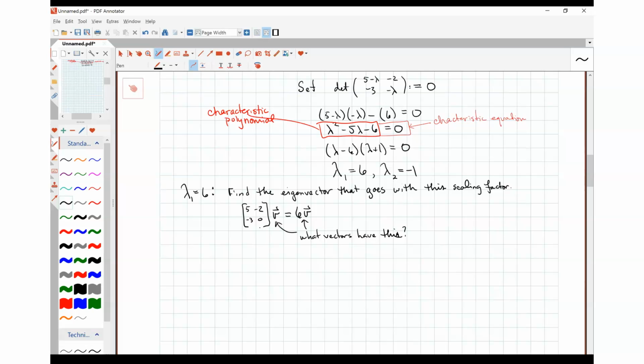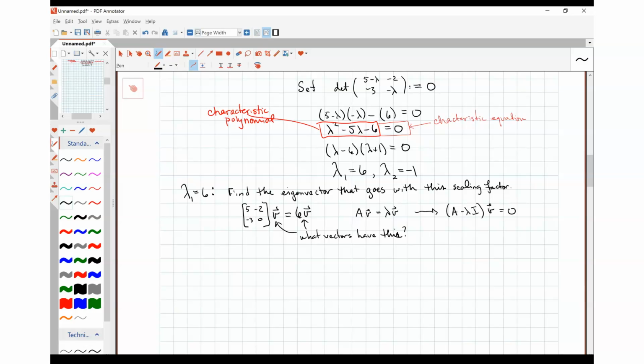All right, and to answer this question, again, we're going to take everything over to the left-hand side. So this is Av equals lambda v. If we pull everything over to the left-hand side and stick in the identity matrix so we can factor things out, we're going to have A minus lambda I times v equals 0.